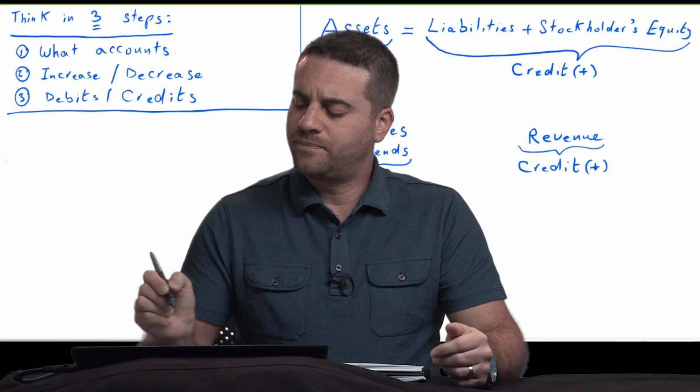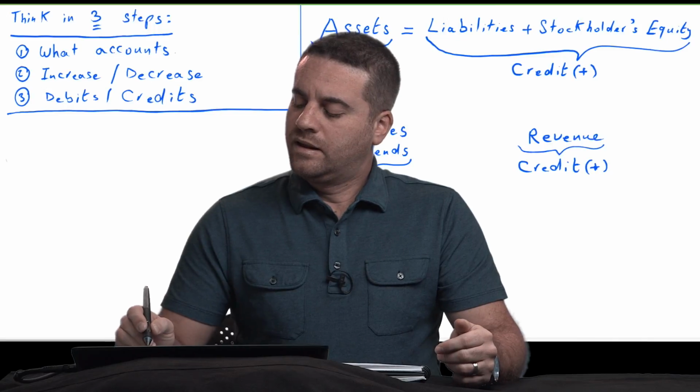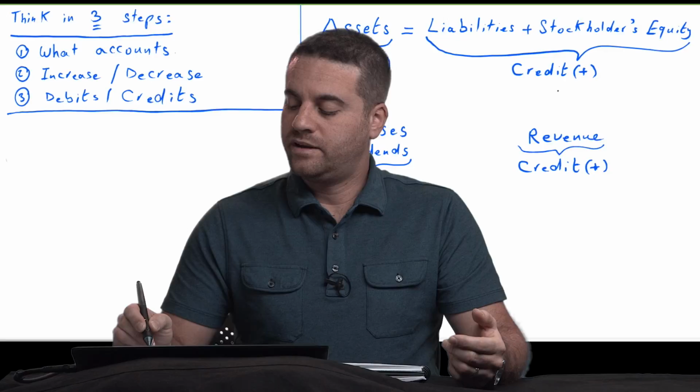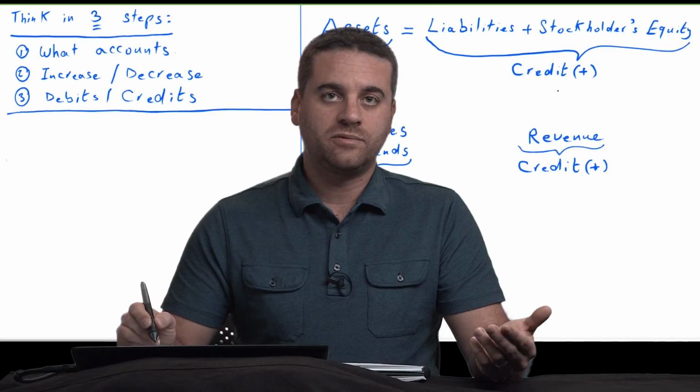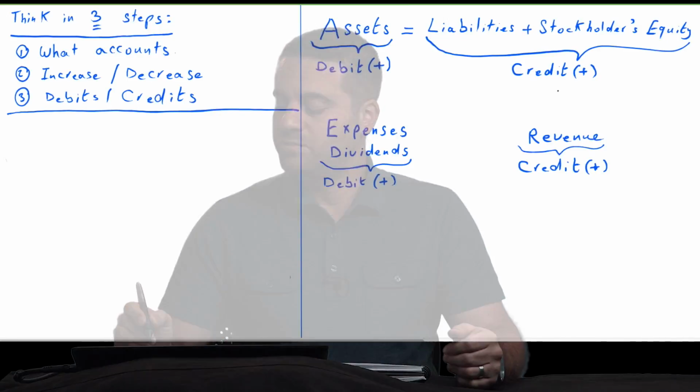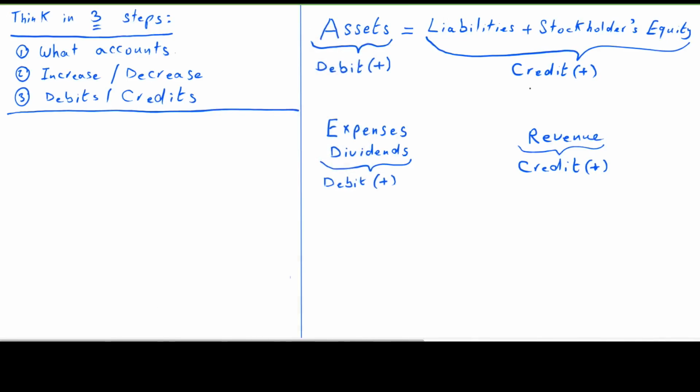So here's a quick orientation on which accounts are increased with a debit, and which accounts are increased with a credit. If we look here, assets equals liabilities plus owner's equity, stockholders' equity.